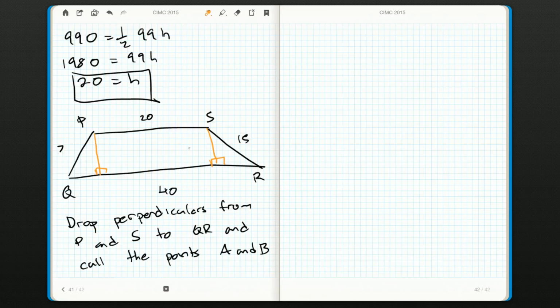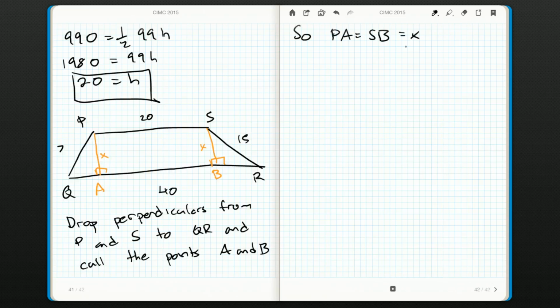Okay, so let's do orange. Perpendicular and a perpendicular, and these are going to have x as their length, which I'll make a note of in a moment, and we've got A and B. So PA equals SB is equal to x, but we have more. PSBA is a rectangle. We also have right angles here because they're parallel. PS is parallel to QR.